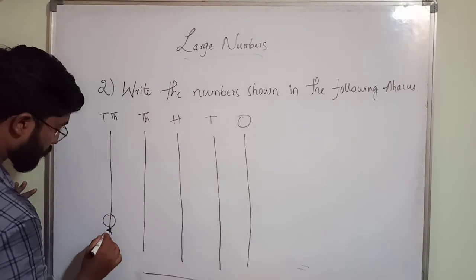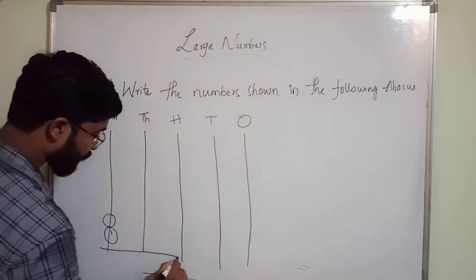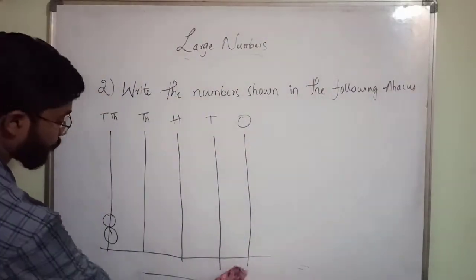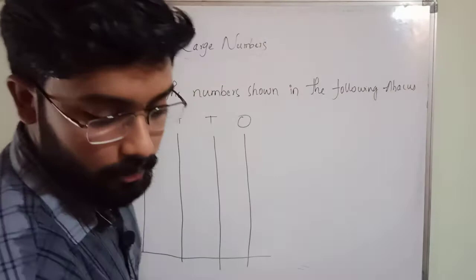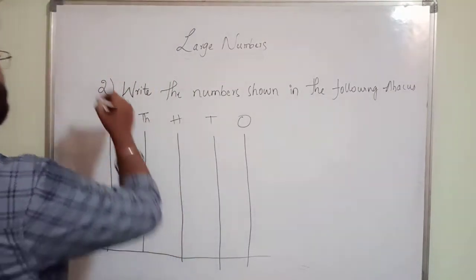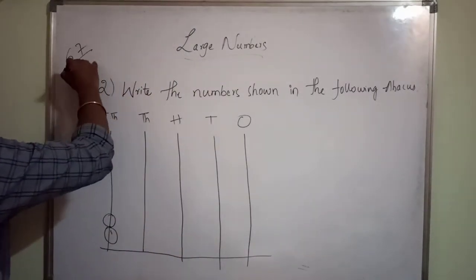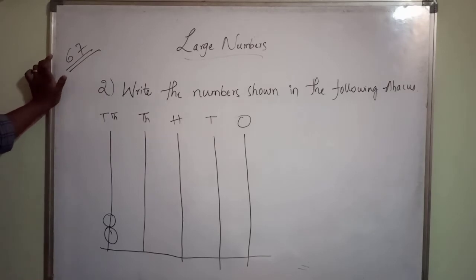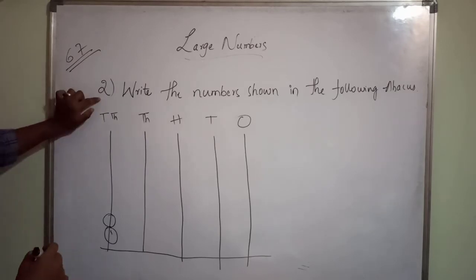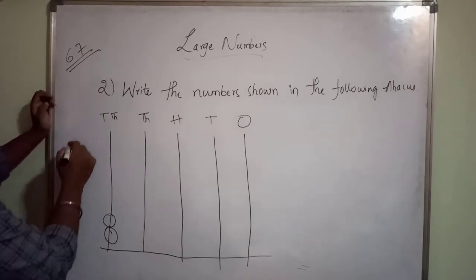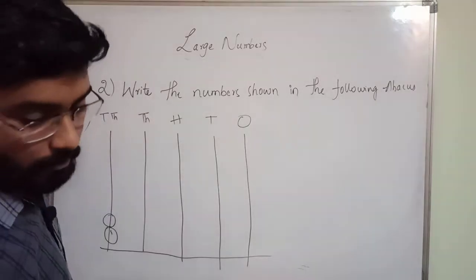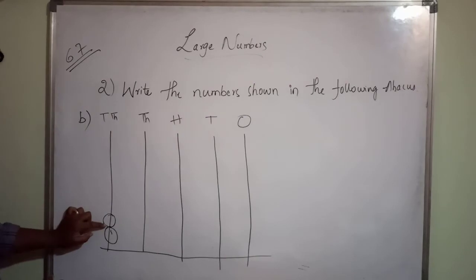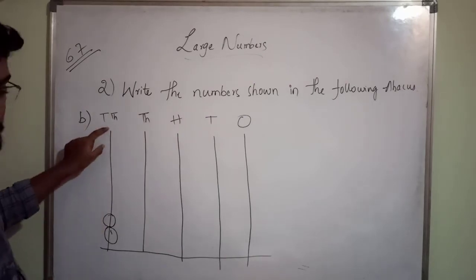Only 2 balls. Look at your textbook page number 67. Just before I have said, once again I am saying, in page number 67, this is the second bit B. Okay, two balls are there in 10,000's place.